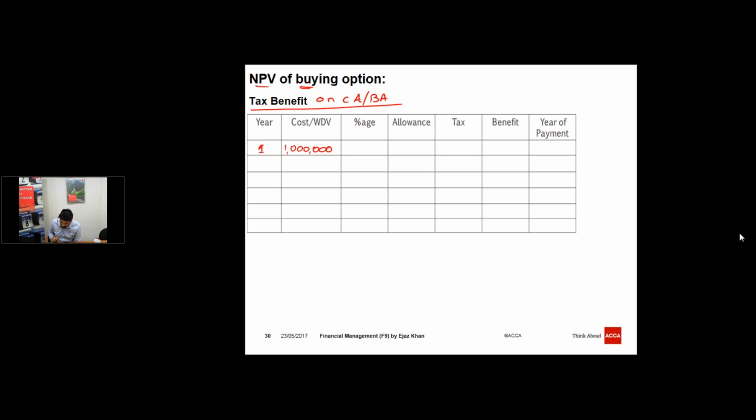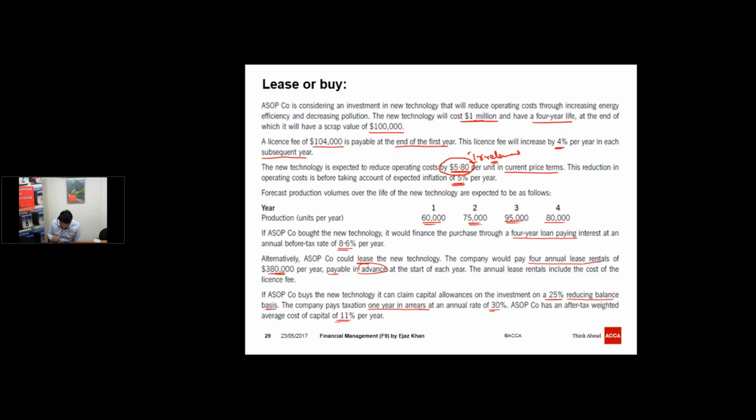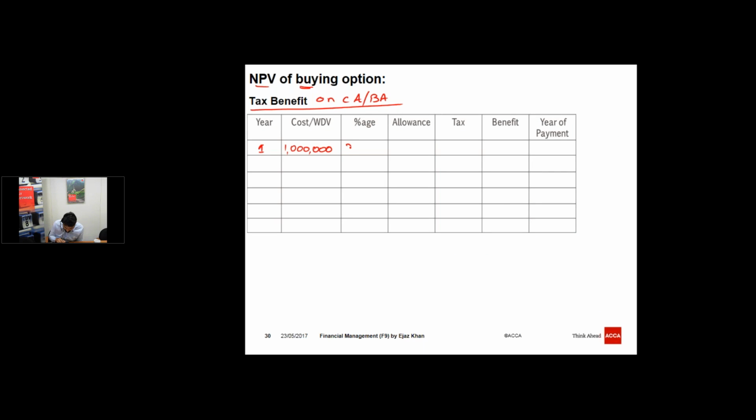Okay, the cost of asset is 1 million. How much capital allowance should we be allowed? Let's see the question. Capital allowance will be allowed at 25% reducing balance. So 25%.